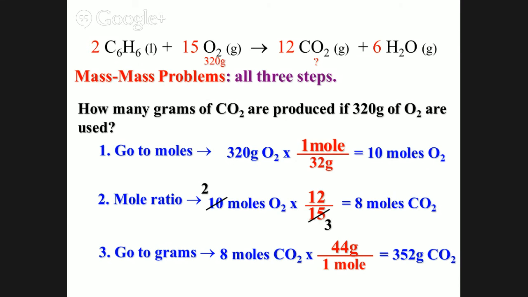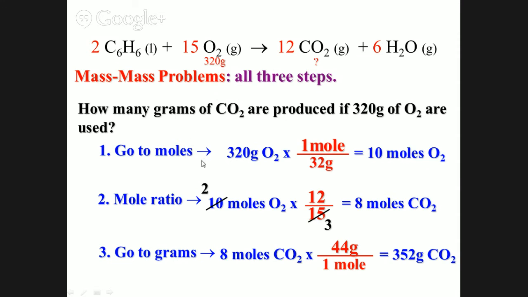So, just like in the previous problems, I look at my question, how many grams of CO2? Put that question mark under the CO2, little note to myself, are produced if 320 grams of O2 are used. There's my 320 grams of O2. So my mole ratio, right off the bat, even though I'm not there yet, I know it's going to be 12 over 15, the question mark part over what I already know.